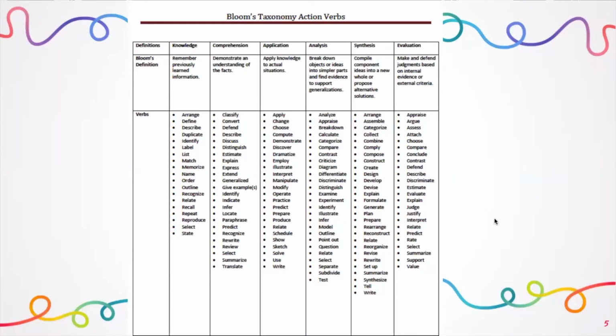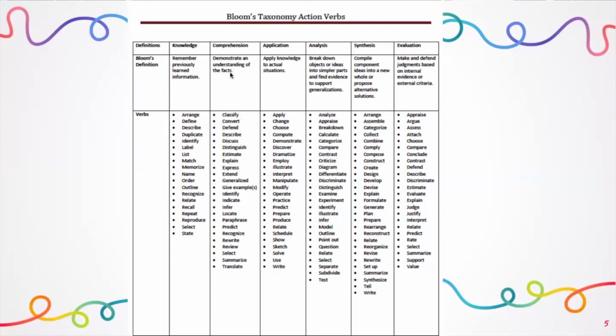If you look at this table, you will see that for objectives that address the knowledge or remember, you can use verbs like arrange. So instead of saying remember or learn, you say arrange, define, describe, duplicate, identify, and so on.